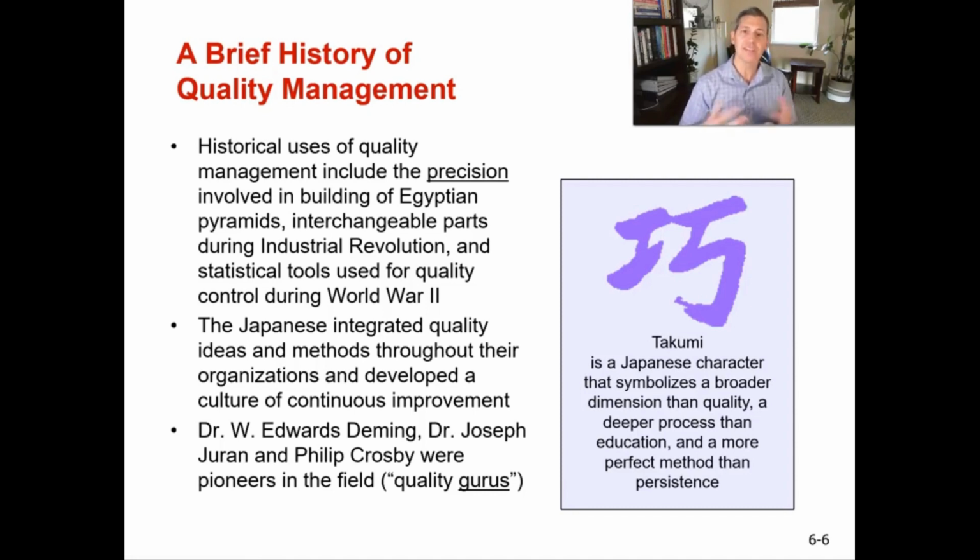And so some of the examples I'm going to give over the next couple of slides here are centered around World War II. And that's because if you think about World War II and how long it lasted, most countries were not anticipating being brought into World War II. So we had to build tanks, and we had to build aircraft carriers, and we had to build airplanes.